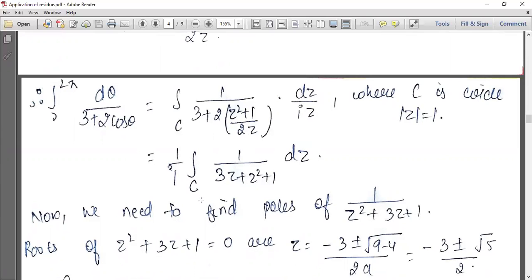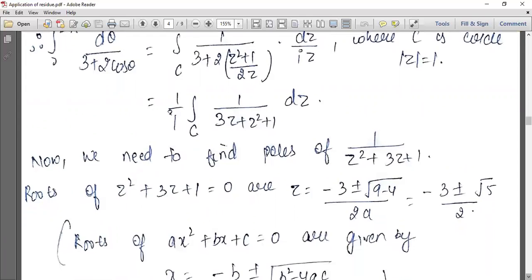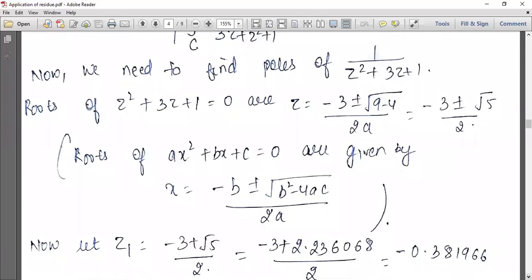Now, the next step is to find the poles. For the poles, just put the denominator equal to 0. Since it's a quadratic equation, obviously I will get two roots. Here I have used the quadratic formula, which says that the roots are given by minus b plus minus square root of b square minus 4ac, upon 2a.